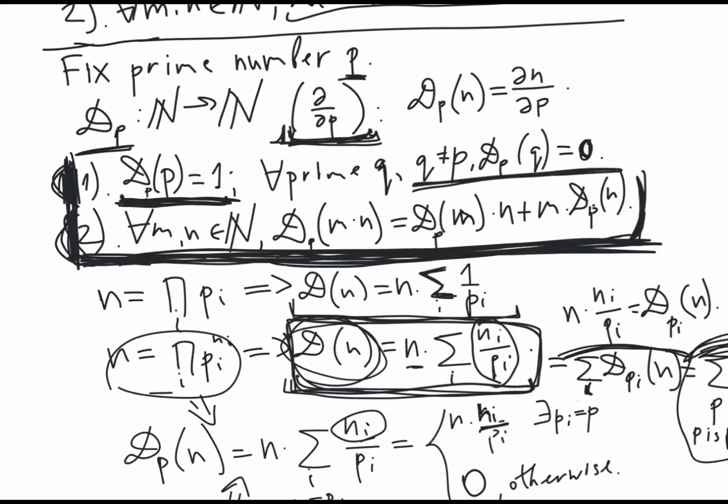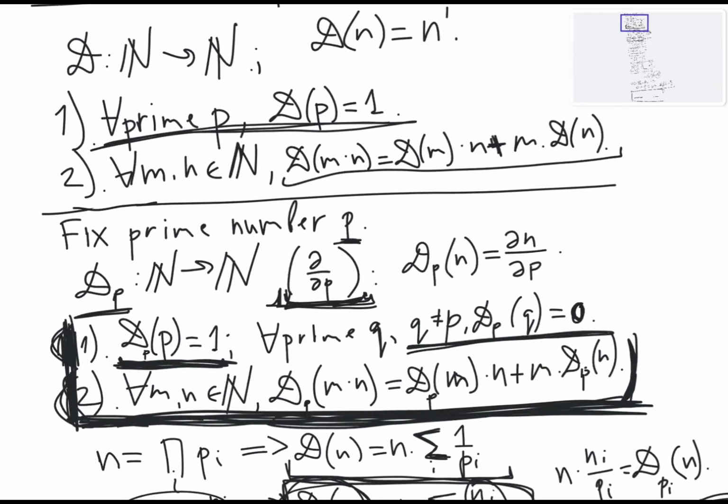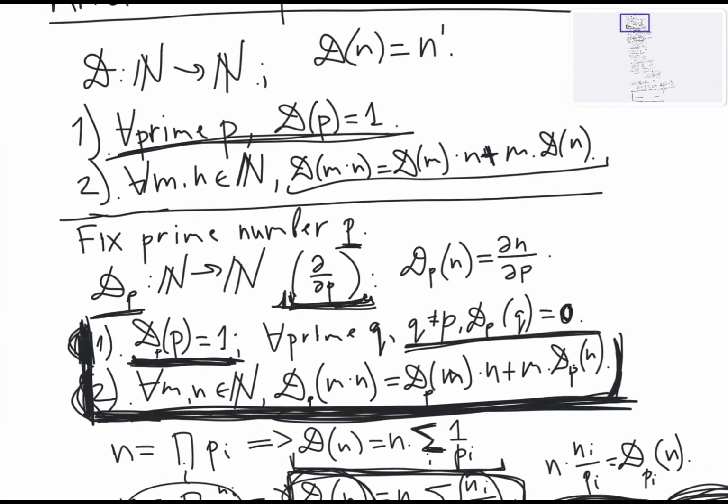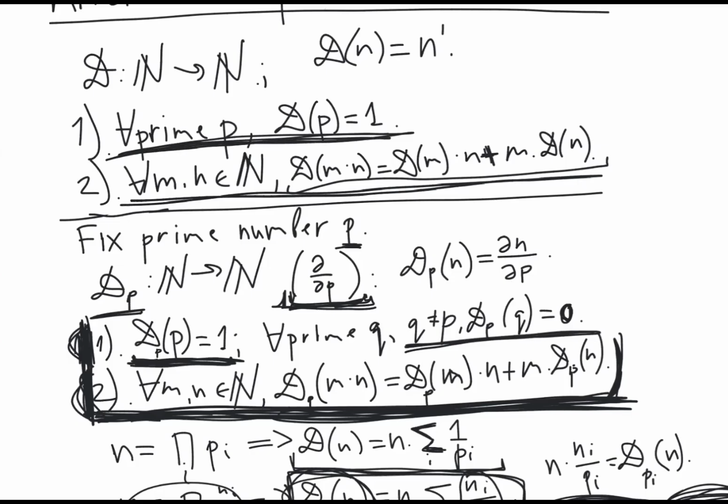And the full arithmetic derivative, for which the product rule also holds but which is defined differently on the prime numbers, is expressed as a sum of all partial derivatives. So it is kind of a linear combination of this basis.